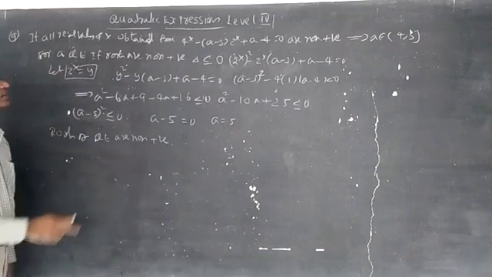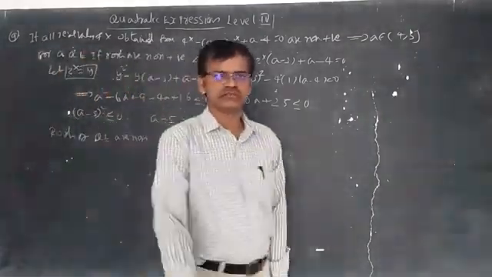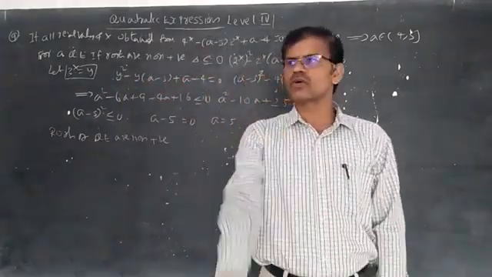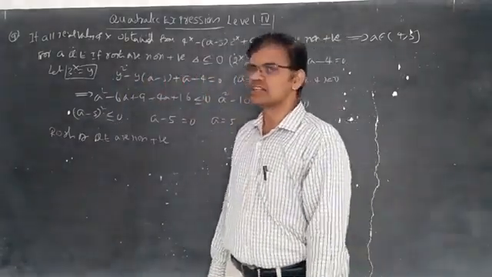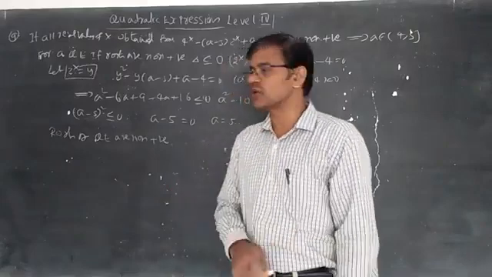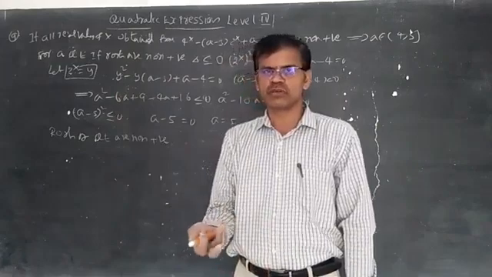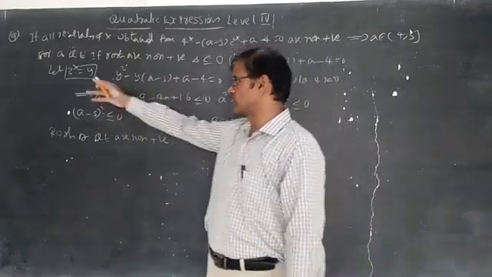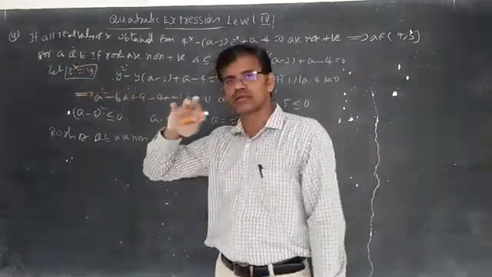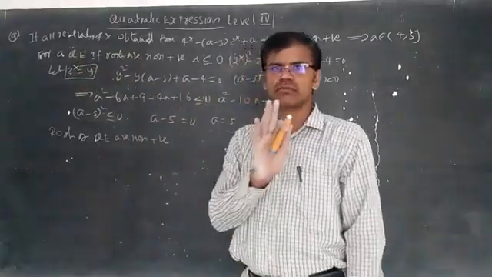Every number, 2 power any number, will not be negative, because even 2 power minus infinity, 1 by 2 power infinity, becomes 0. So the minimum chance is 0. 2 power minus 2 you can put as 1 by 2 power 2; 1 by 2 power 4 is 1 by 16, 0 point something. So the maximum value is 1 and the minimum value is 0.